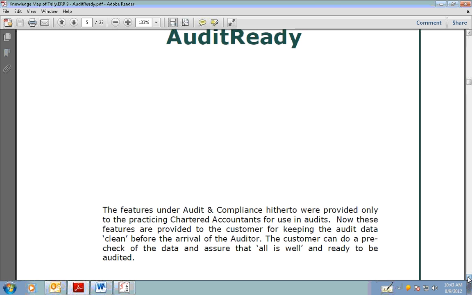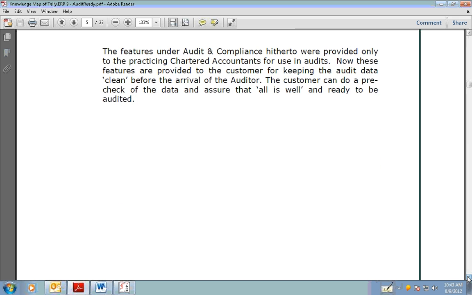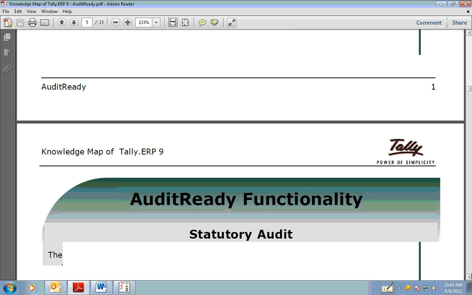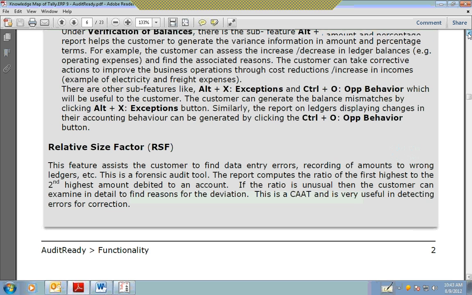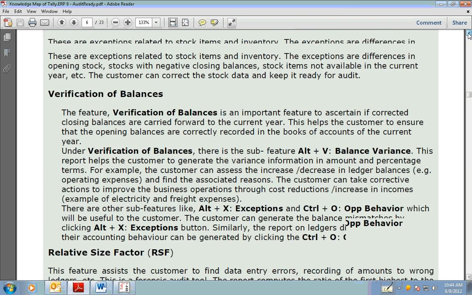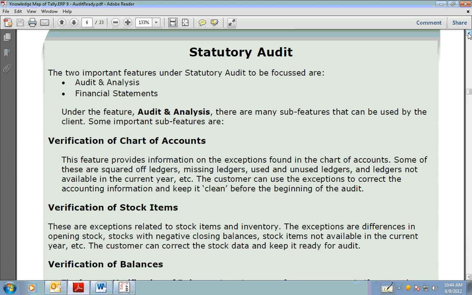So we'll see how Tally.ERP 9 helps a customer check his business transactions in line with the audit requirements, and how I can clean the data and see that the data is complete and made audit ready. Right?